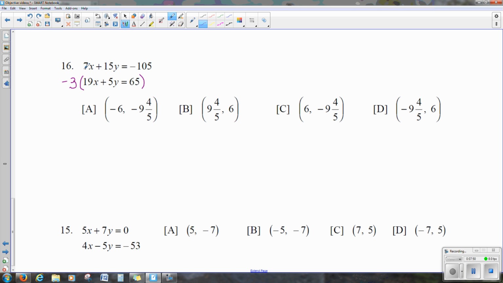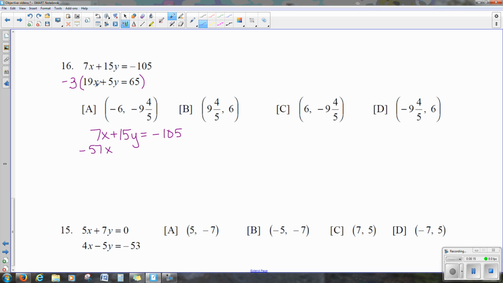Okay, so I'm going to rewrite the first equation. 7x plus 15y equals negative 105. And I'm going to multiply everything down here by negative 3. So negative 57x.